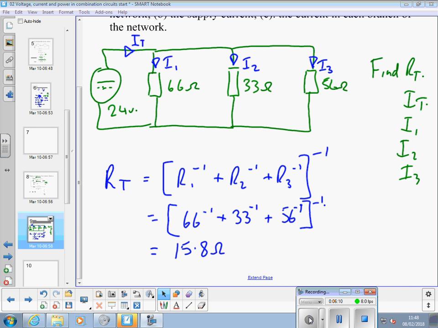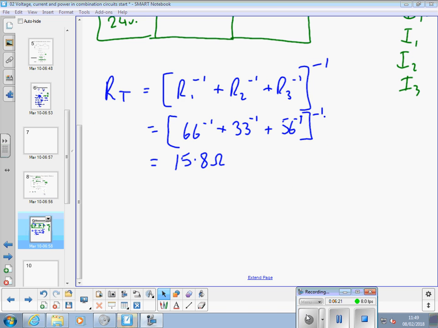So the total is 15.8 ohms for total resistance. So can we now calculate total current? IT is equal to, but we don't know what they are yet. We haven't calculated them yet.